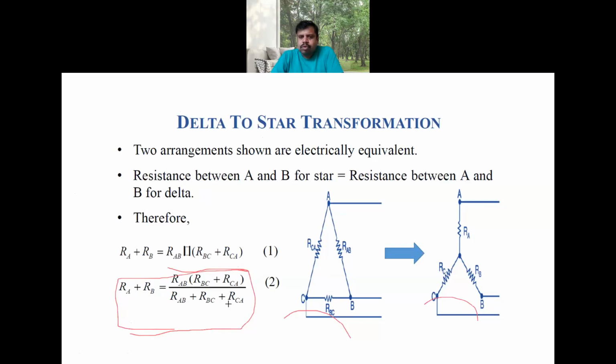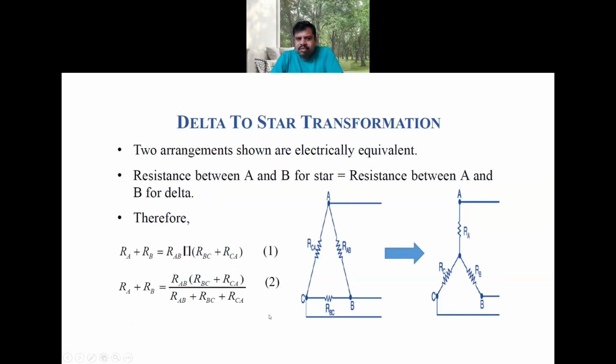Clear? In a similar manner, we can develop the equations between the B and C terminals. If we consider B and C terminals, we need to consider that nothing is connected to A outside. In that case, RB plus RC is equal to RBC in parallel with the series combination of RAB and RCA.